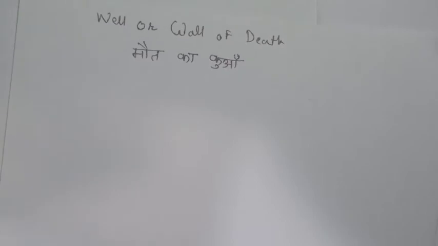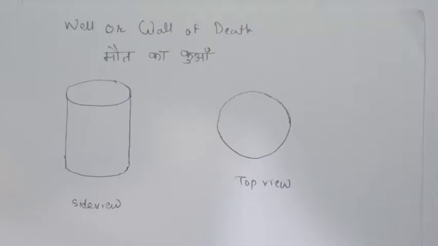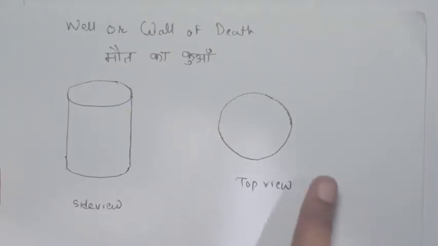That is what we are going to study in this part. So मौत का कुआं is a vertical cylindrical wall of radius r, inside which a vehicle is driven in a horizontal circle. So this is the side view and this is the top view.